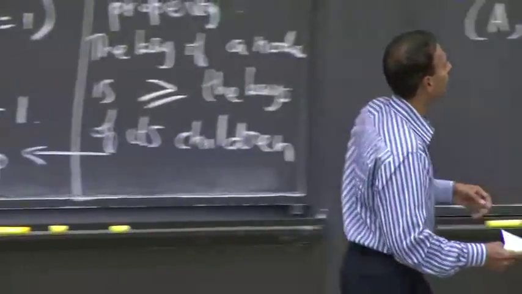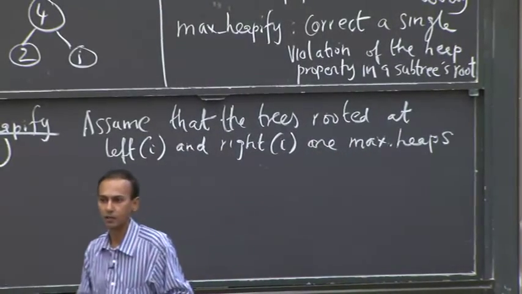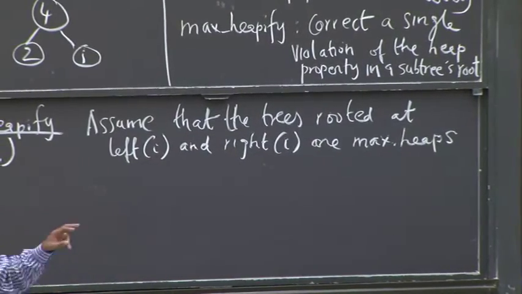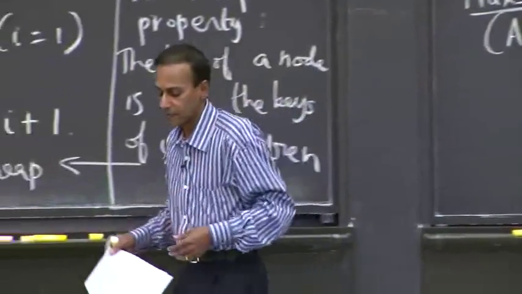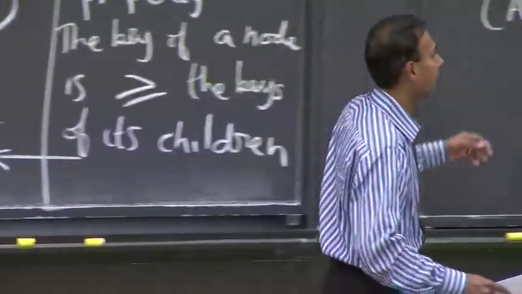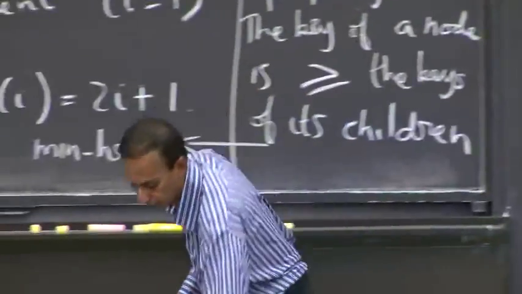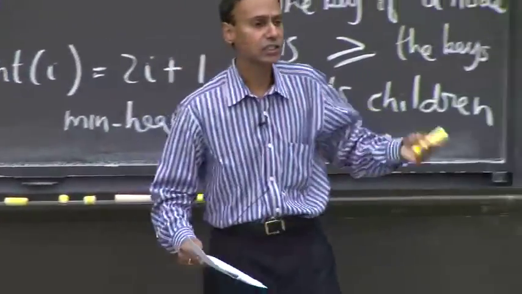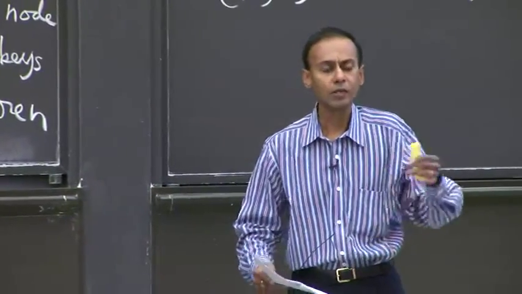Where do I have that here? Assume that the trees rooted at left i and right i are max heaps. Okay? So maybe that's what you were thinking. But this is a key assumption. Going back, and I like making connections between classes, this is a precondition that makes the algorithm more efficient, makes the implementation easier. And this precondition essentially says that you have to just go down and do a number of steps.